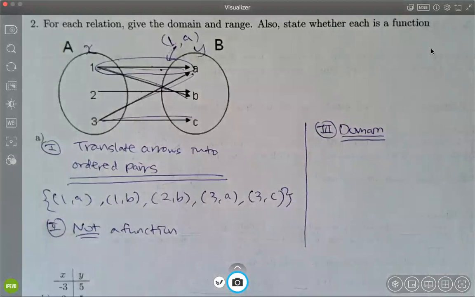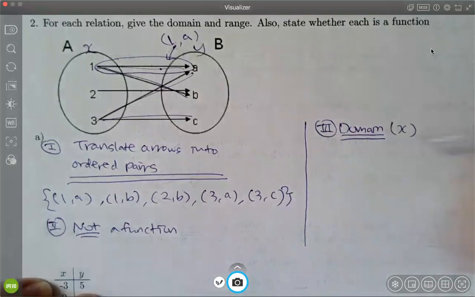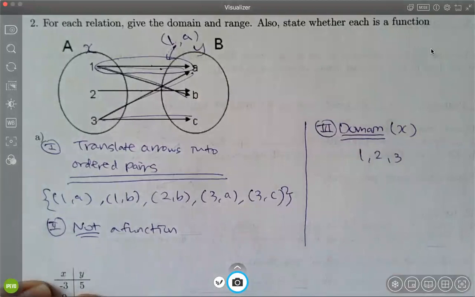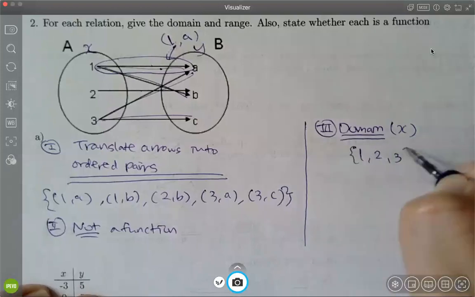Because that's where all the arrows start. So the domain is the X values, and it's 1, 2, and 3. And remember, the domain is the set of X coordinates. So what does that mean? Include 1, 2, and 3 inside a curly bracket, right?